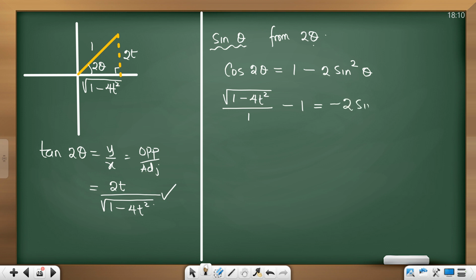Minus 2 sine squared what? Theta. Now you want to get sine, just sine theta. Get rid of that what? Negative 2. What do we do? Divide both sides. By the way, guys, this is now useless. Divide both sides by what? Negative 2.